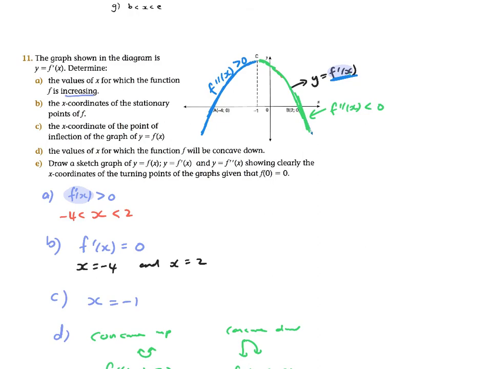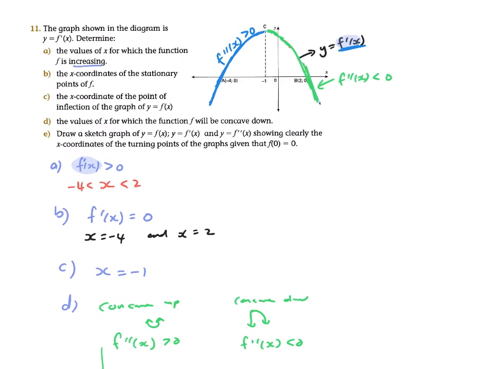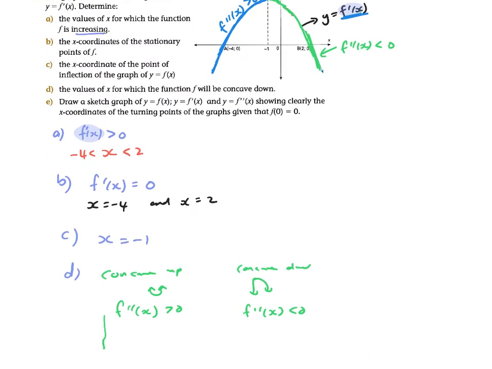Where does it change? At the stationary point there, of course. So where's my second derivative negative? At x greater than minus 1. So for x greater than minus 1, my original function will be concave down. And where does it concave upwards? At all the values less than minus 1. What did they ask you again? Where would it be concave down? So it's that one.